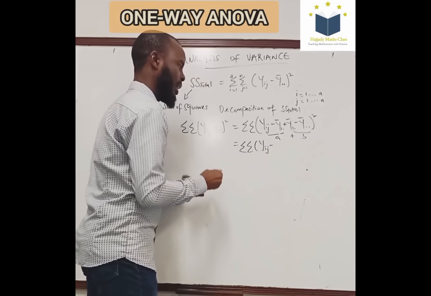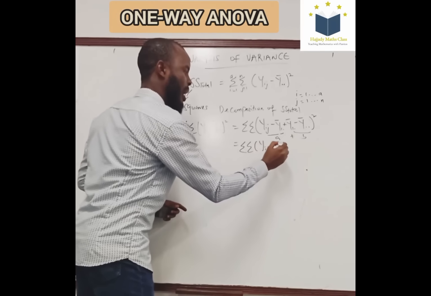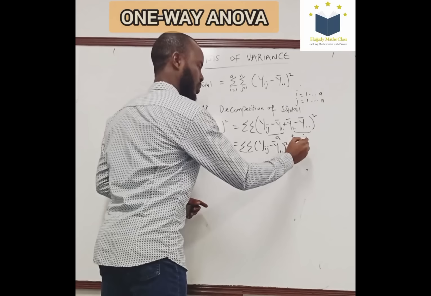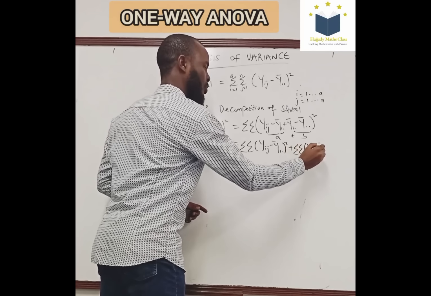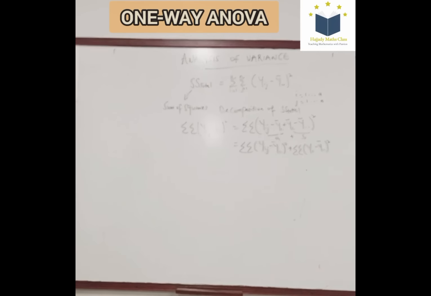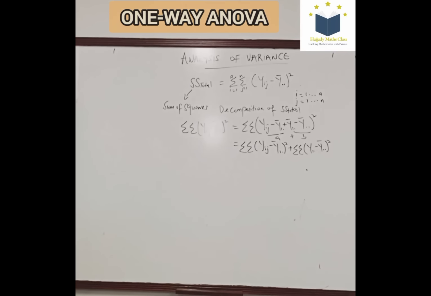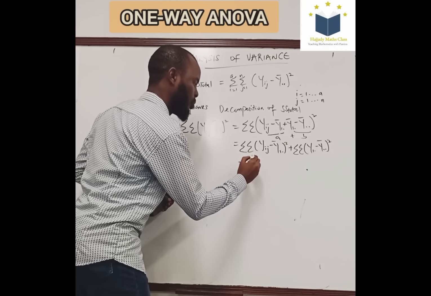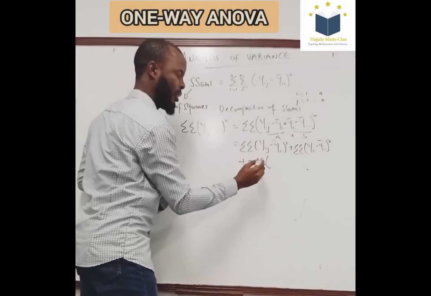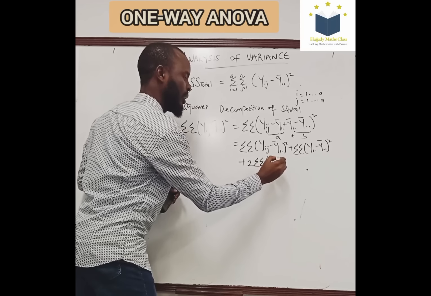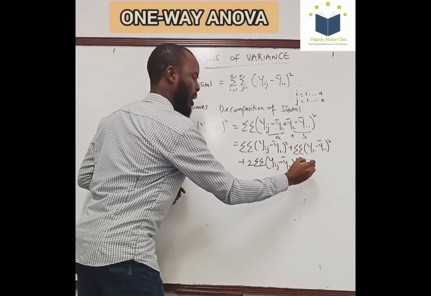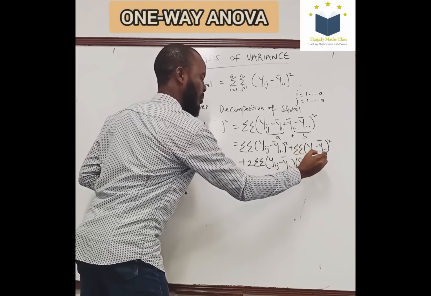So my A, which is Yij minus yi dot bar squared, plus double sum of yi dot bar minus y dot dot bar squared, plus 2 double sum, which is AB, Yij minus yi dot bar times yi dot bar minus y dot dot bar.